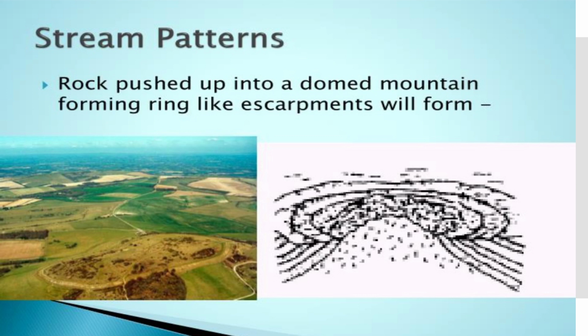So the rock pushed up into a dome mountain, forming a ring-like escarpment, will form a stream pattern. Here, depending on the structure and slope, the streams flow in different directions on the basis of the direction of flow as well as the direction of slope.